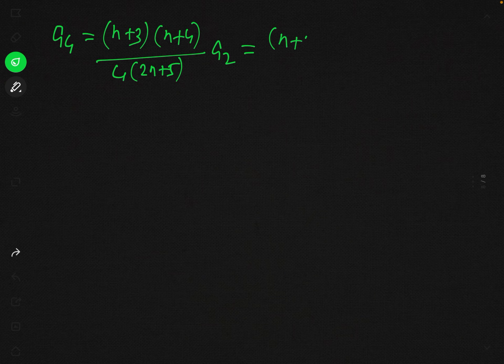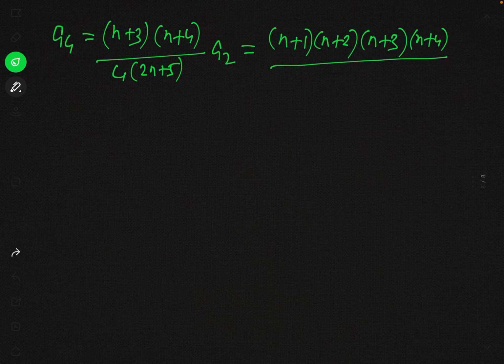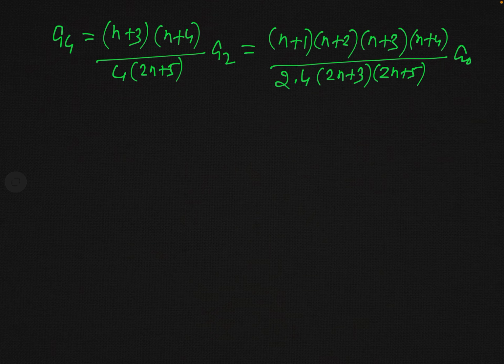Our result will be n plus 1 into n plus 2 into n plus 3 into n plus 4, divided by 2 into 4 into 2n plus 3 into 2n plus 5, into a naught.